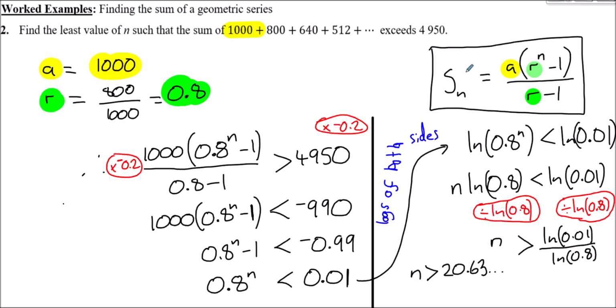Now n is what term number we're after. It's got to be a whole number. It's got to be a natural number. The smallest natural number satisfying n greater than 20.63 would be 21. That's the next whole number after 20.6 or so. So therefore, the smallest value of n we're after is 21.